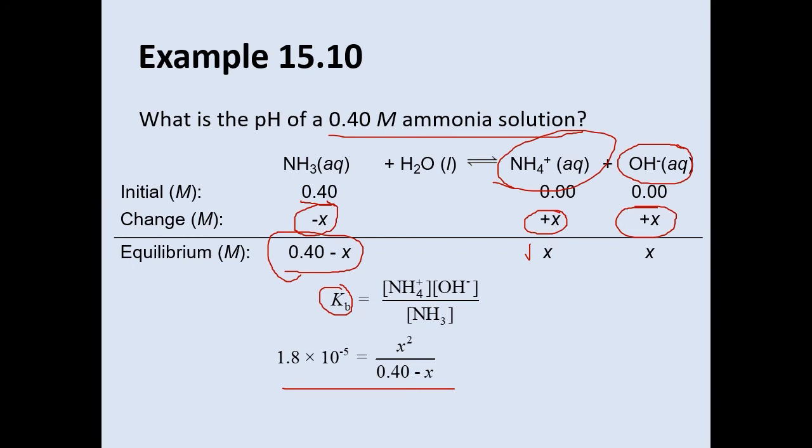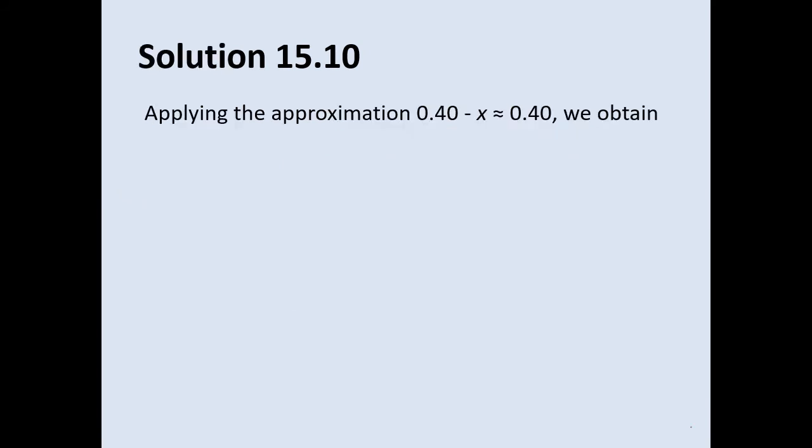If we plug in these values, this is the equation we get. Now we use the approximation method, because we know that ammonia is a weak base and only a small amount of it will dissociate, so we consider that the initial concentration is still the same.